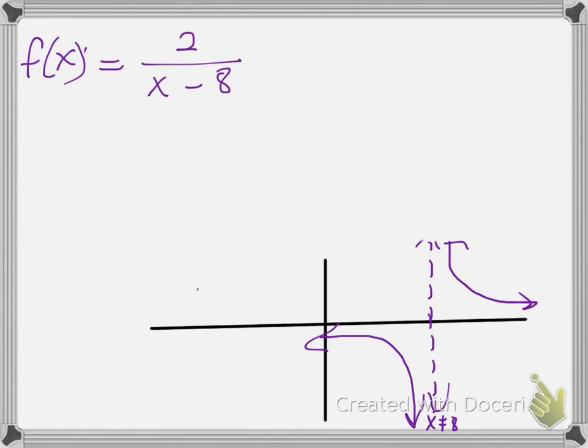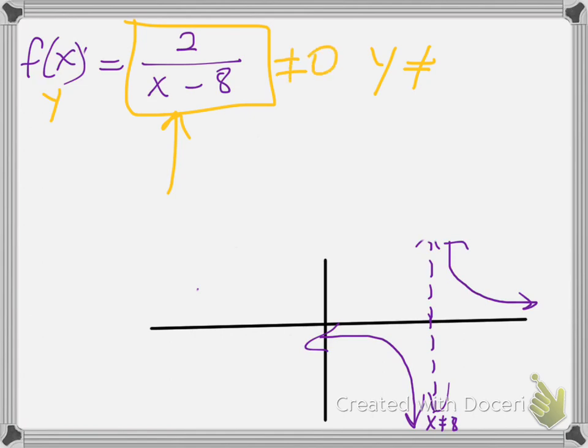If x cannot be 8 in this expression, what can y never equal? What value can this expression never take on? It can never be equal to 0. 2 over 0 is meaningless. Of course it can't be 2 over 0. That doesn't mean anything. This y value can never be 0.